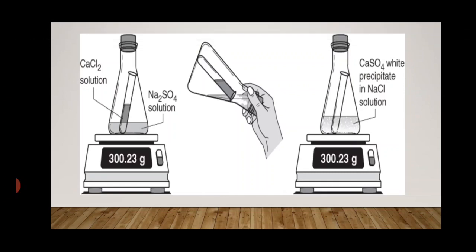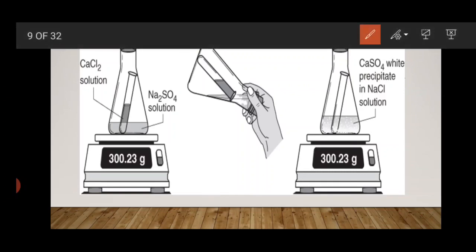When you calculate the mass of the reactant side, it always comes out equal to the mass of the product side. That is the law of chemical combination, and in it we are discussing the law of conservation of mass. Let's understand this activity with the figure of another example.